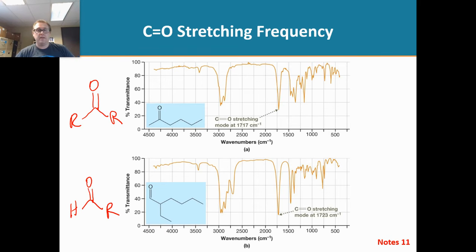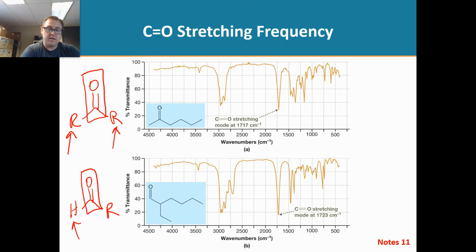Okay. Now what's amazing about the IR is the fact that this carbonyl right here and this carbonyl right here has a unique stretch that is not influenced greatly by what is attached to it. So this stretch on this carbonyl versus that carbonyl, look at where they stretch.